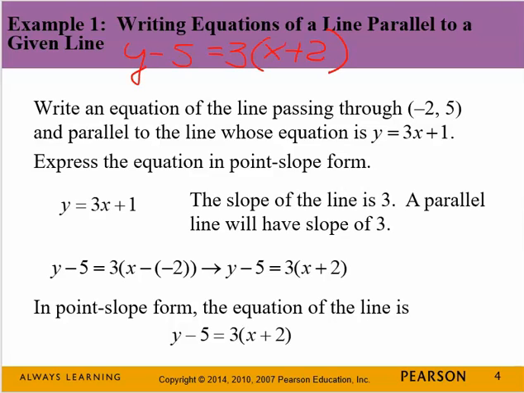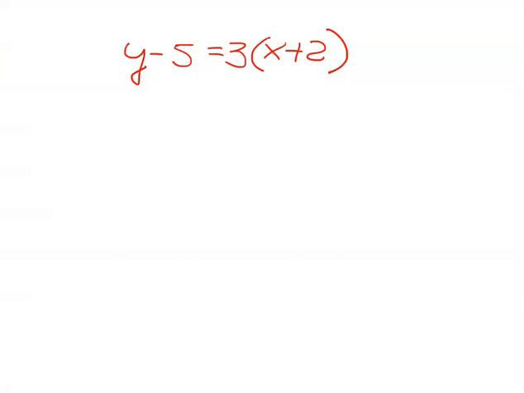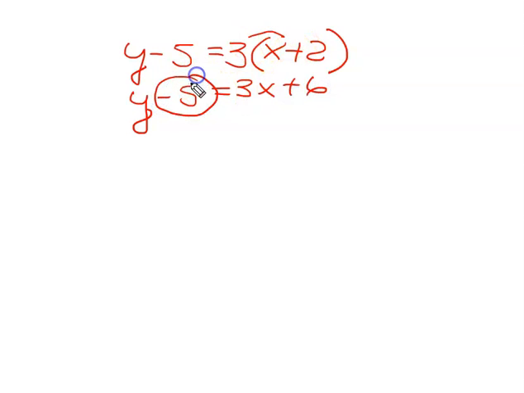Well, let's take a moment to put it in slope-intercept form, going to our whiteboard. This would be in point slope form. So y minus 5. Now we distribute that and we get 3x plus 6. Transpose our negative 5 to this side, where it becomes a positive 5.